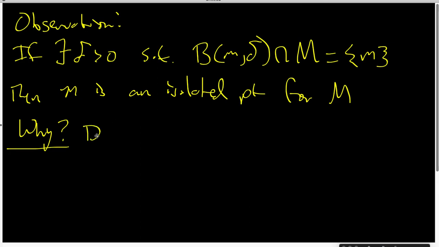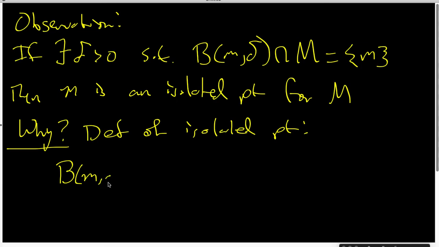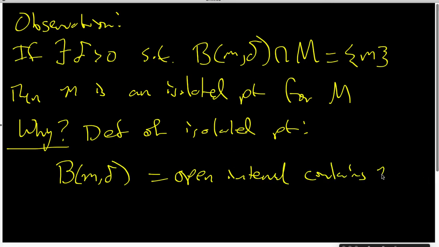It's the definition of isolated point. This particular delta ball is an open interval that contains little m, and little m is an element of capital M.